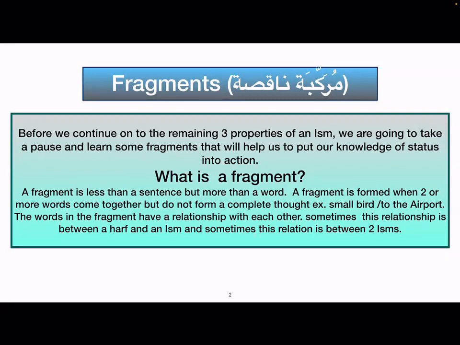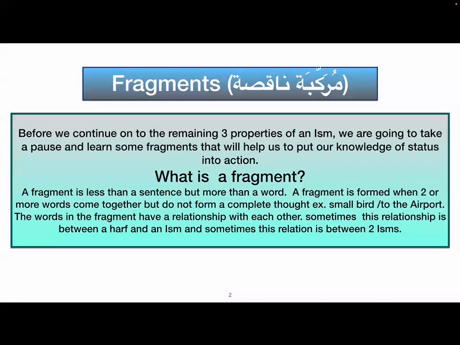Fragments come together and make sentences. Sentences come together and make paragraphs and essays, articles. This is how any language works. So we are going to start fragment today, and there are 5 different kinds of fragment in Arabic.